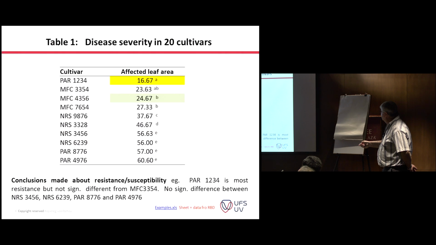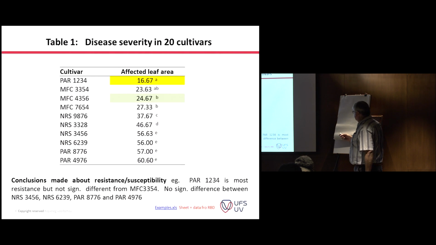And so you can then group the cultivars according to the LSD. You can see there's a group of cultivars that are very susceptible, and they're significantly different from all the others that are there.